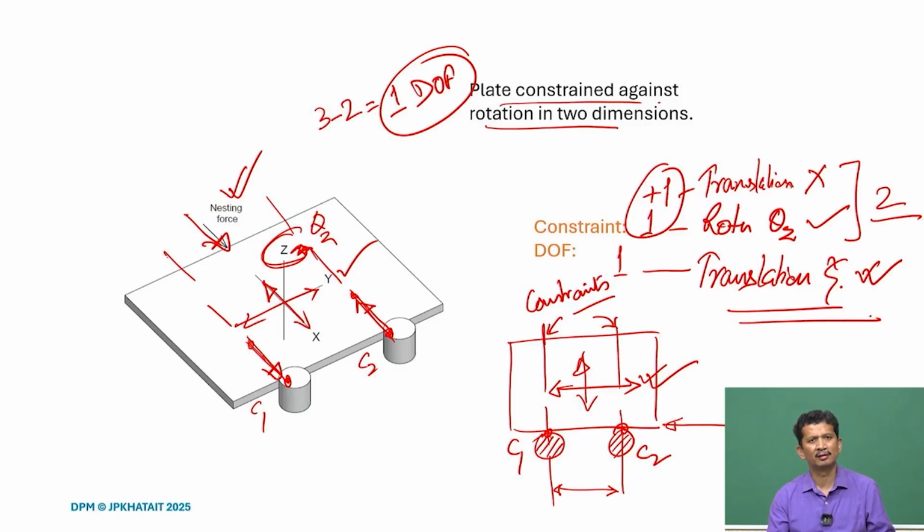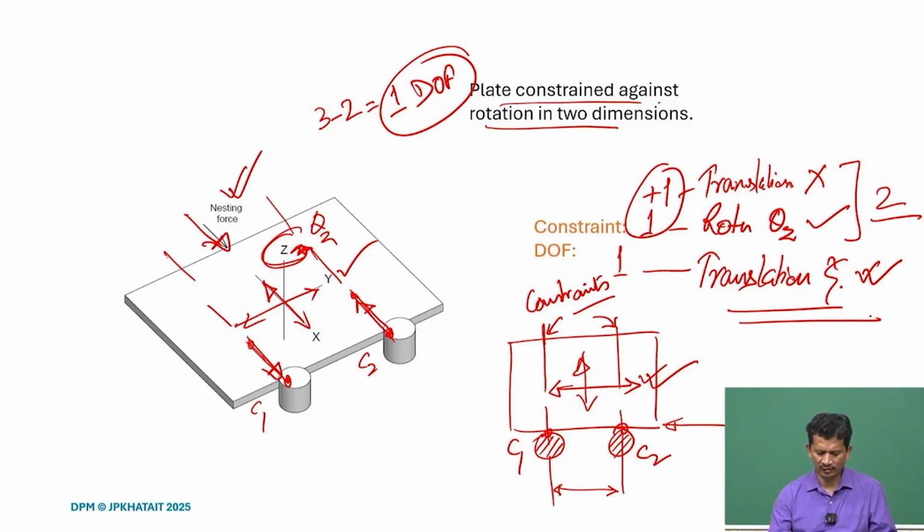But the way we place the constraints or the contacts will define how we remove the degrees of freedom, or how the constraint will be imposed. In this case, 2 parallel constraints means it removes 1 rotational degree of freedom.